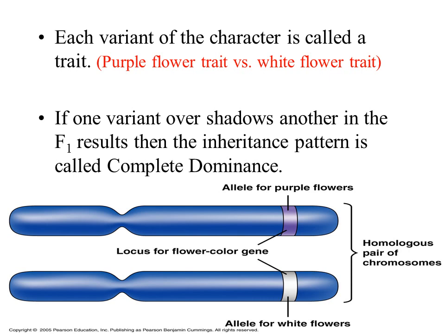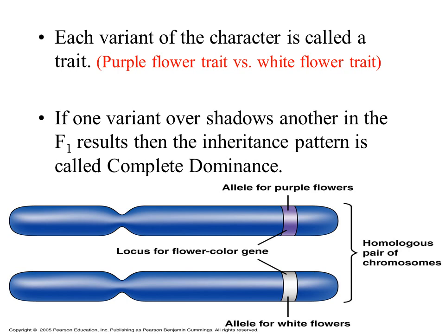You have the purple flower versus the white flower. These are traits. It is produced by one gene, and that gene is located at one position on the chromosome. That one position is referred to as a locus, or a location.